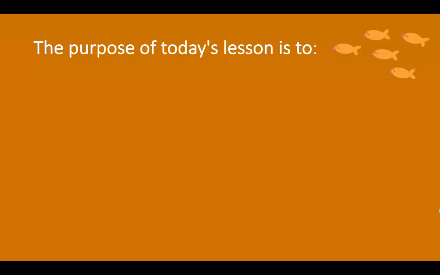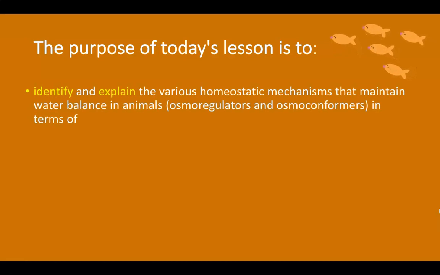The learning goals for today are, firstly, to identify and explain the various homeostatic mechanisms that maintain water balance in animals. There's two categories. We're going to look at osmoregulators and osmoconformers.